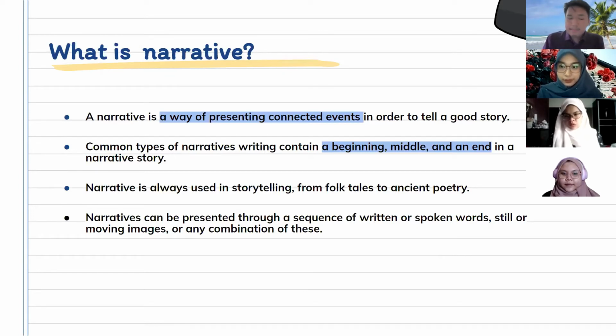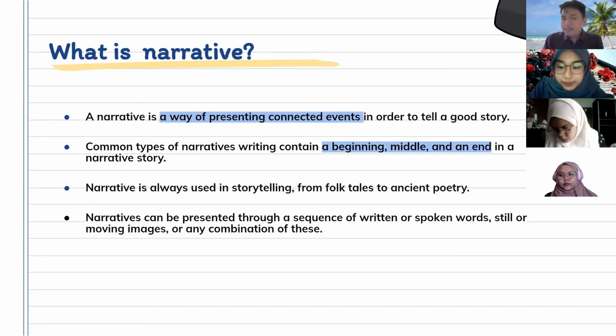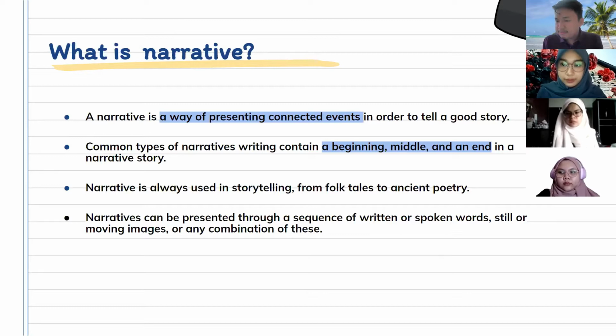So for the beginning, Athirah goes to the store. For the middle, she wants to buy a cake. And for the end, after she gets her cake, she pays for it. So that is one simple example to explain narrative writing. Is it clear? Yes, I'm clear.